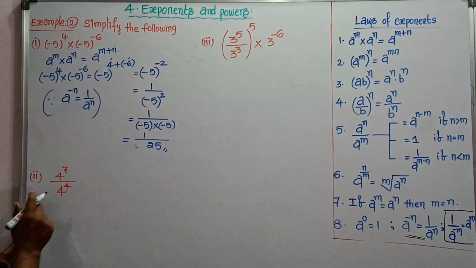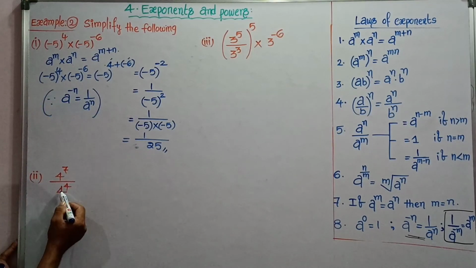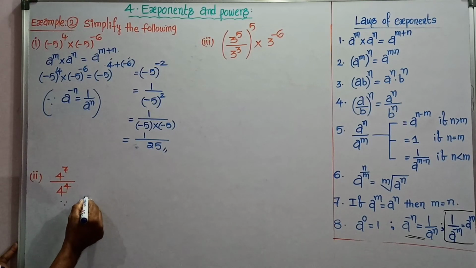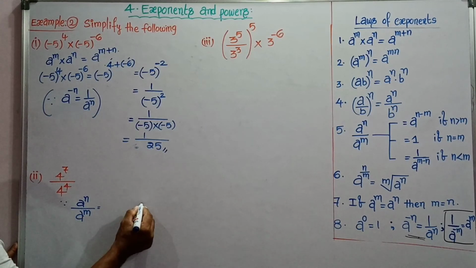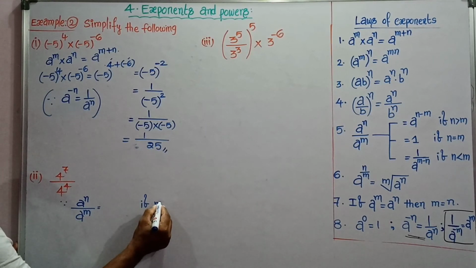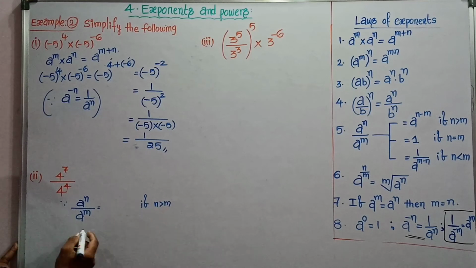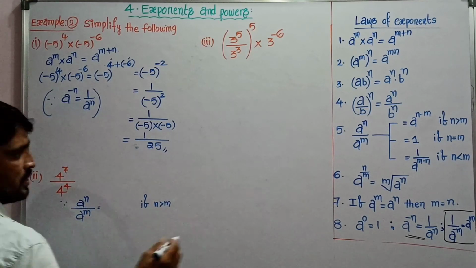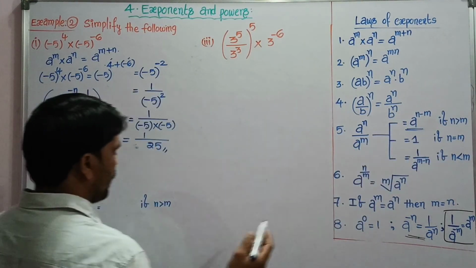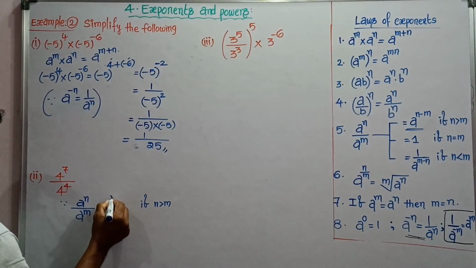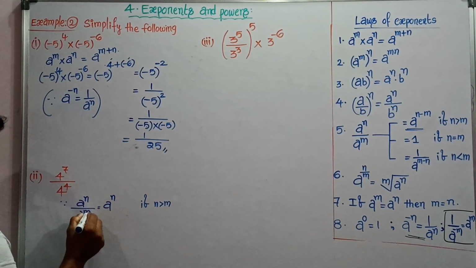Second question. Simplify 4^7 over 4^4. Since we know that a^n over a^m, if n is greater than m, is equal to a^(n-m), that is the difference of these two exponents.